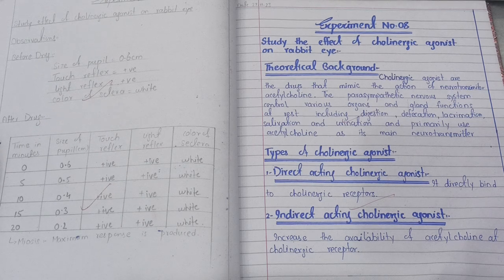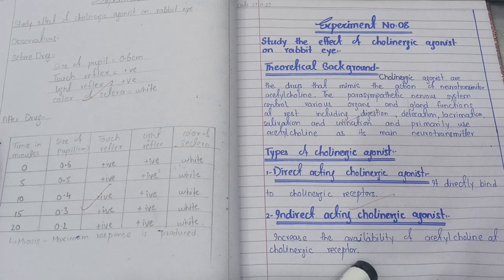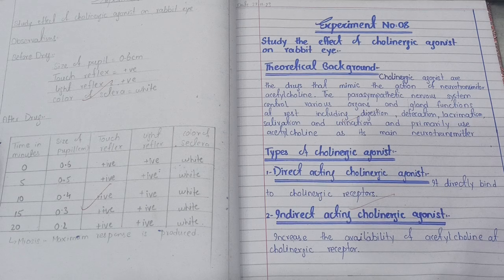So there are some types of cholinergic agonists: some are directly acting and some are indirectly acting. The ones which are directly acting directly bind to the cholinergic receptors and increase the parasympathetic activity. But in the case of indirect acting, they are not directly binding to your cholinergic receptors. They increase the availability of acetylcholine at the cholinergic receptors. They increase the parasympathetic activity, but they don't bind with the cholinergic receptor.